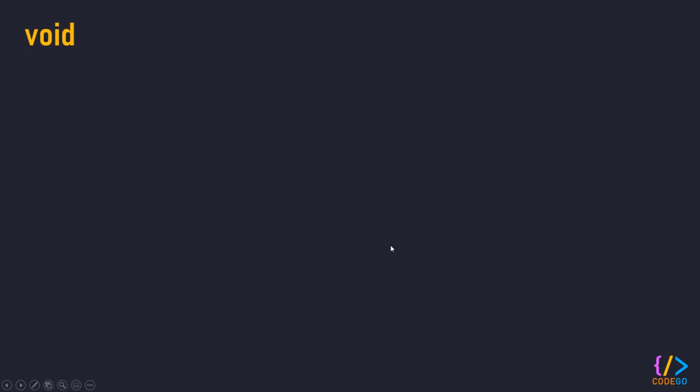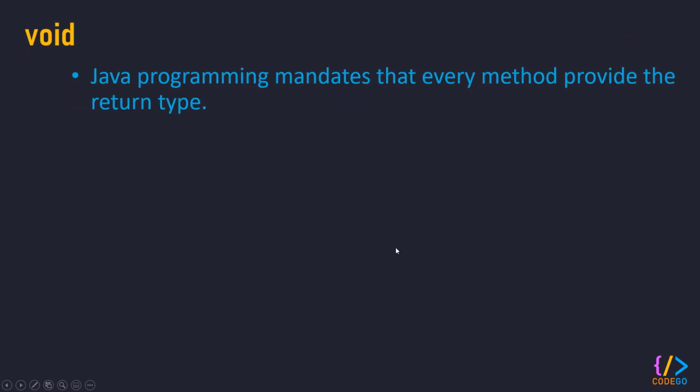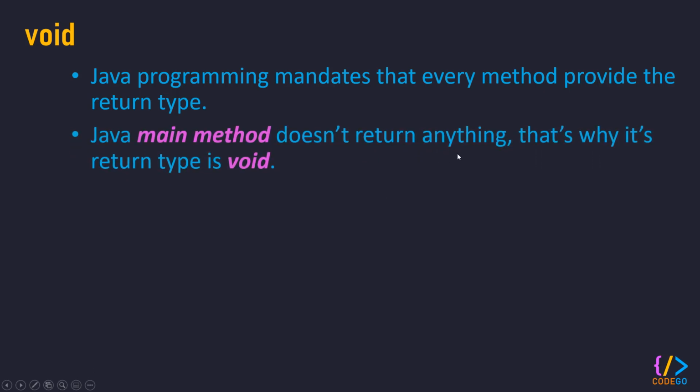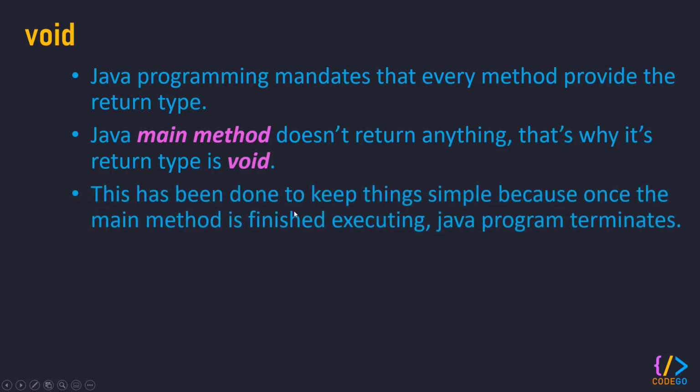Next, how about the void? Java programming mandates that every method provides a return type. Okay, so the main method doesn't return anything. That's why its return type is void. This has been done to keep things simple because once the main method is finished executing, the Java program terminates. So, ano po yung ibig sabihin?